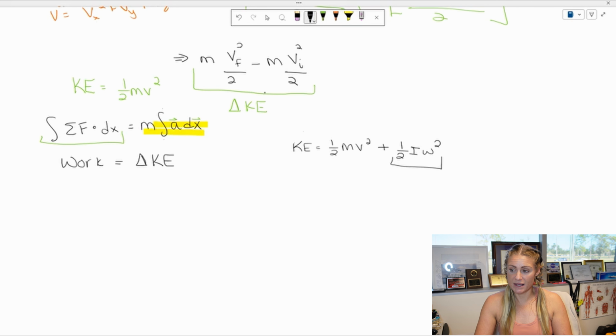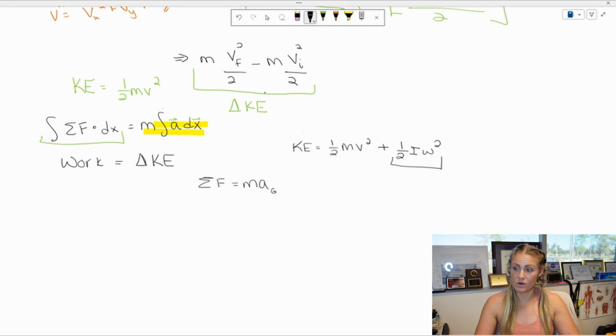Okay, so I need to talk about where that comes from. Now, I'm not going to derive it because really it's going to be going through the same steps. You are going to start with Newton's second law and recall that A is really A of G when we're talking about rigid bodies. We discussed that before.